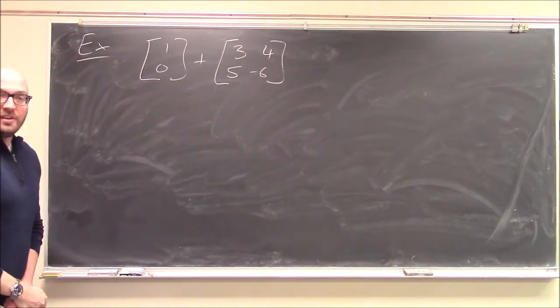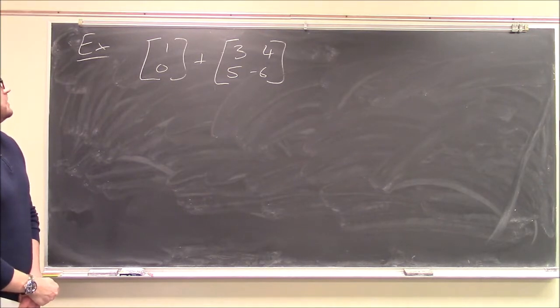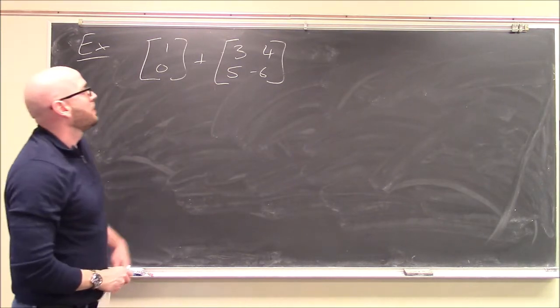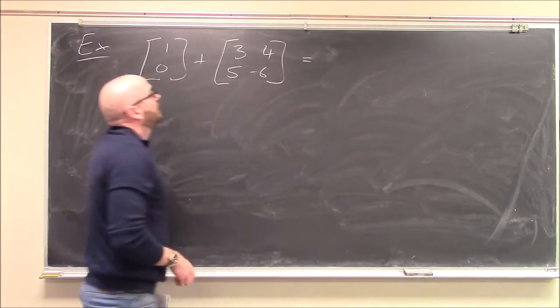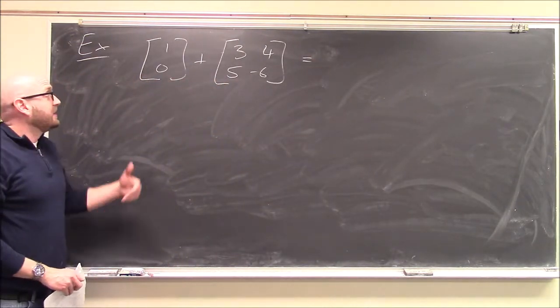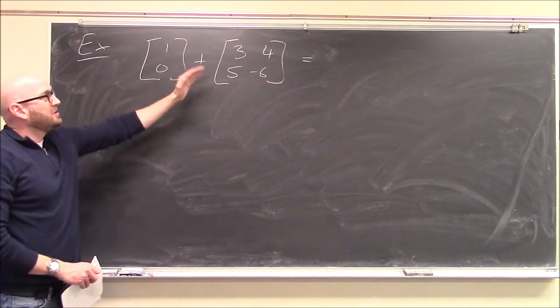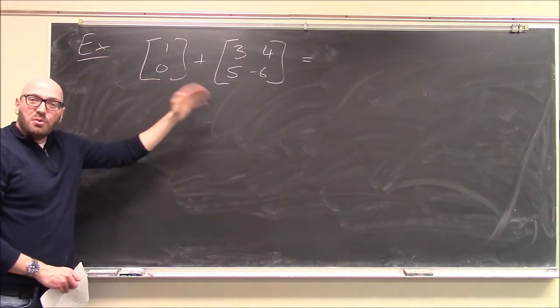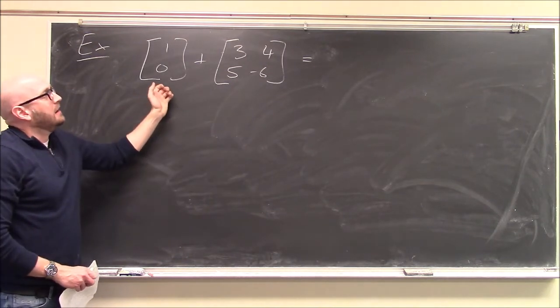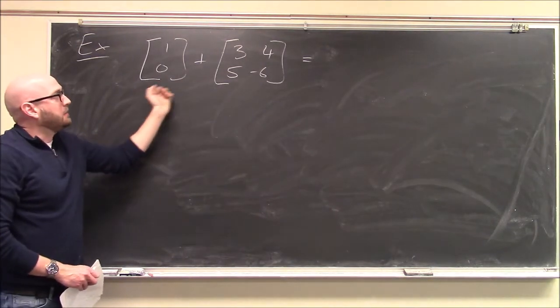So here's another one. Add these two matrices together, 1, 0, and 3, 4, 5, minus 6. What does this equal? And the answer is immediate. It's undefined, right? And you should sort of see that, even if you weren't thinking in terms of matrix addition only being defined if they have the same size.